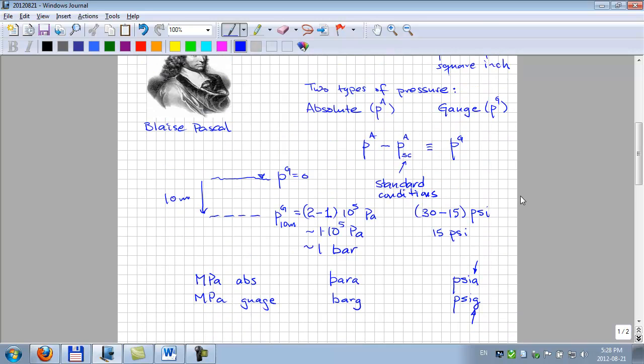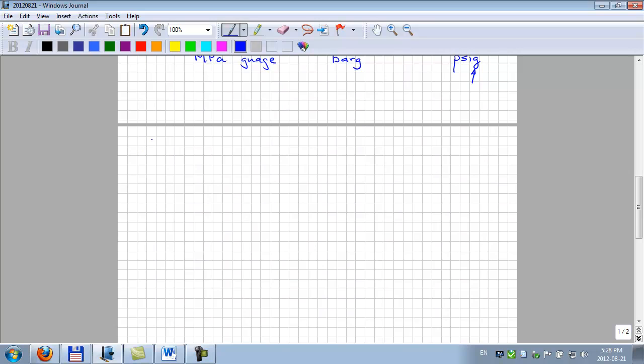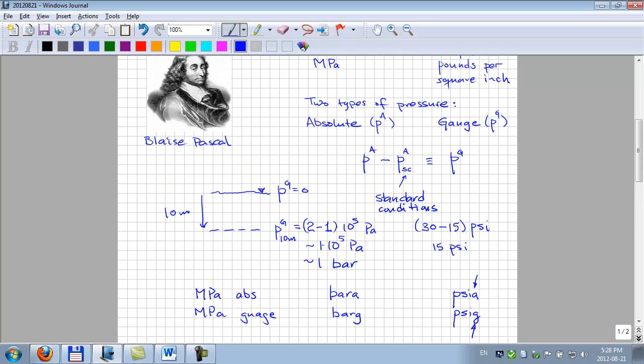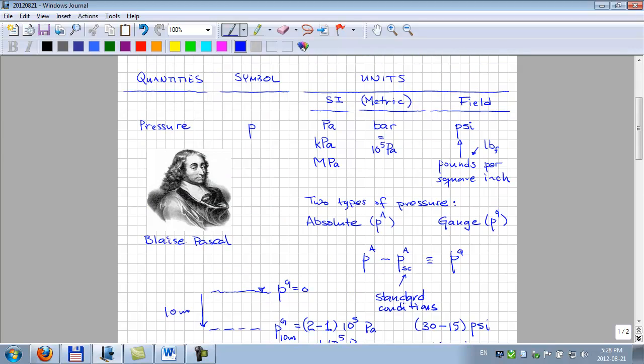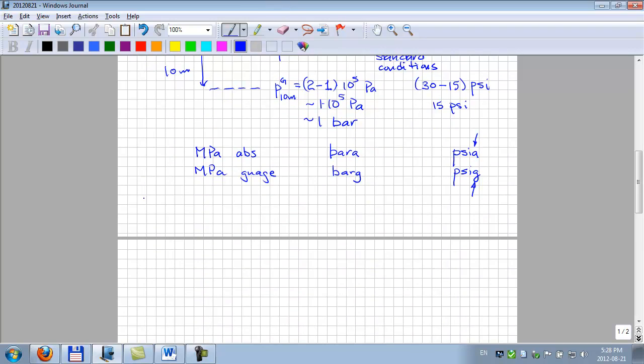All right. So now let's take a look at temperature. Well, let's see. Before we leave pressure, I'll just give you the translation from the different units conversion for pressure.